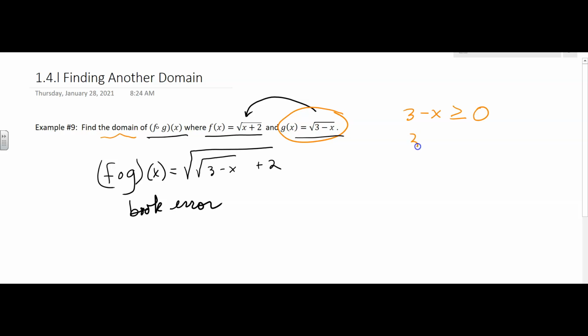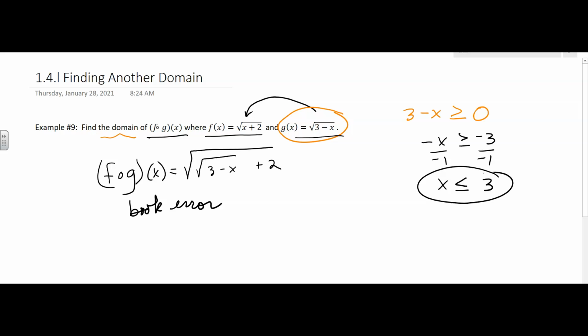That's just an inequality. Negative x is greater than or equal to negative 3. But when we divide by negative 1 on both sides, you're going to get x is less than or equal to 3. So remember that from inequality work. This then is the restriction on g of x.